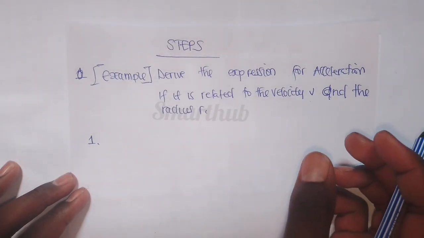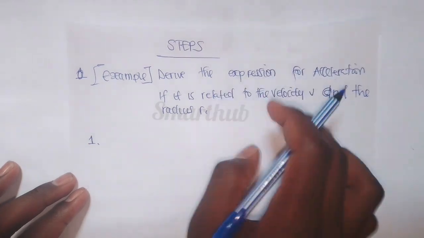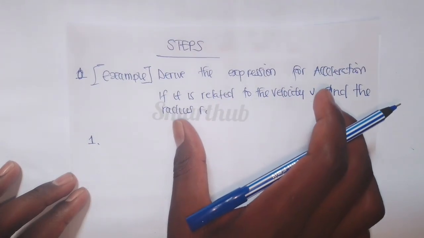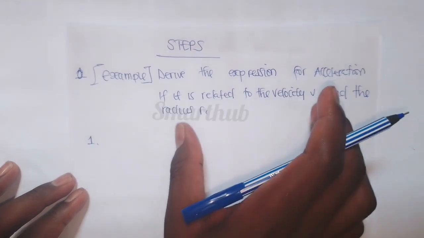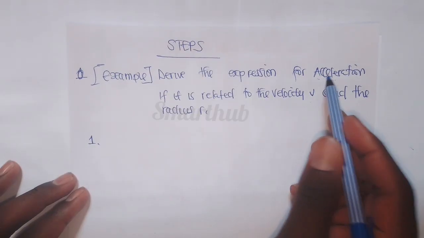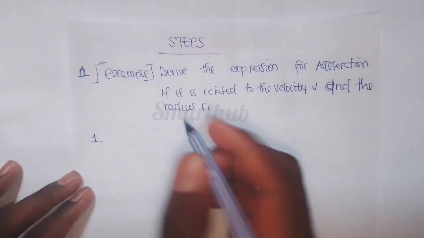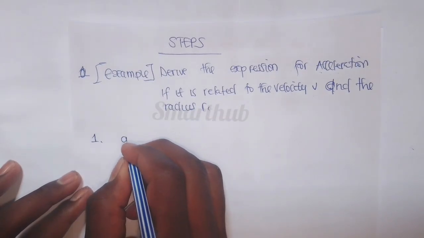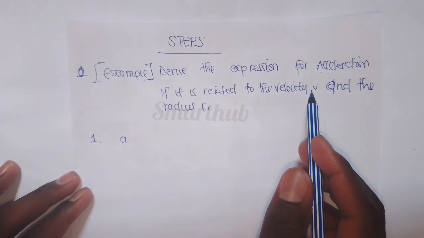you have to write this expression in symbols. Okay, so we have acceleration. What's the symbol for acceleration? So acceleration, we use small letter a, then velocity, you've been given v.